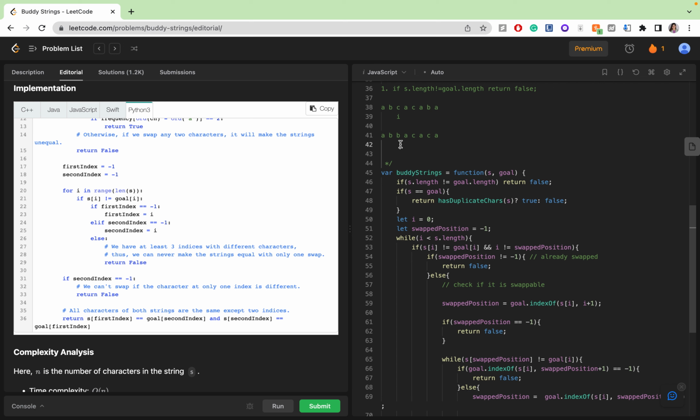So when I was looking at this, I was trying to swap it with the first character I found at C, like this. But I should have also considered other characters.